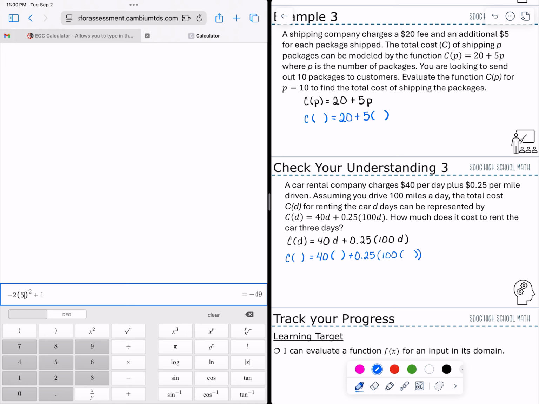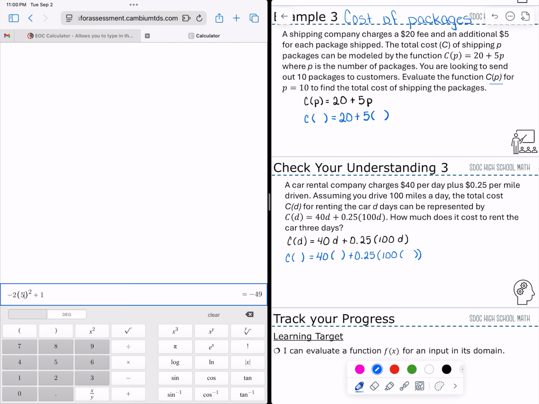Evaluate the function C of P for P to find the total cost of shipping the packages. So what in the world does C of P mean? C of P is cost of packages. So what's the total cost of the packages?